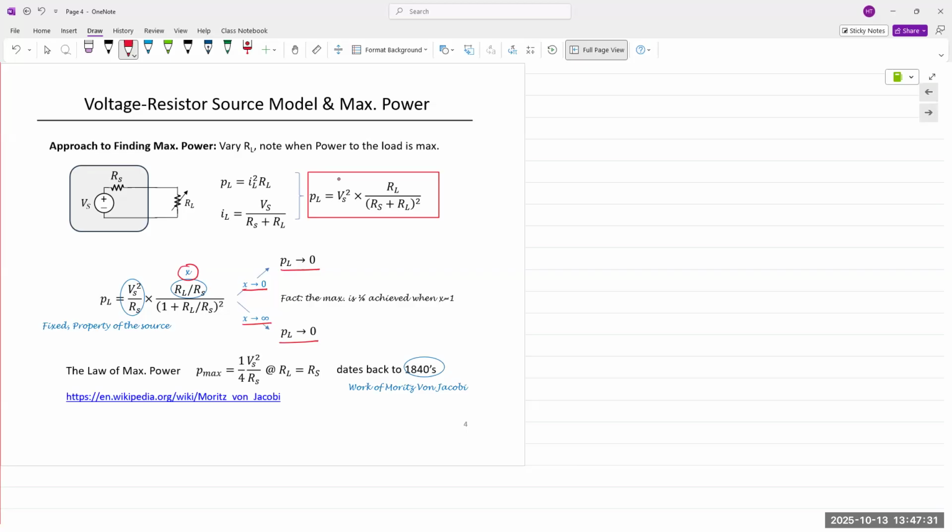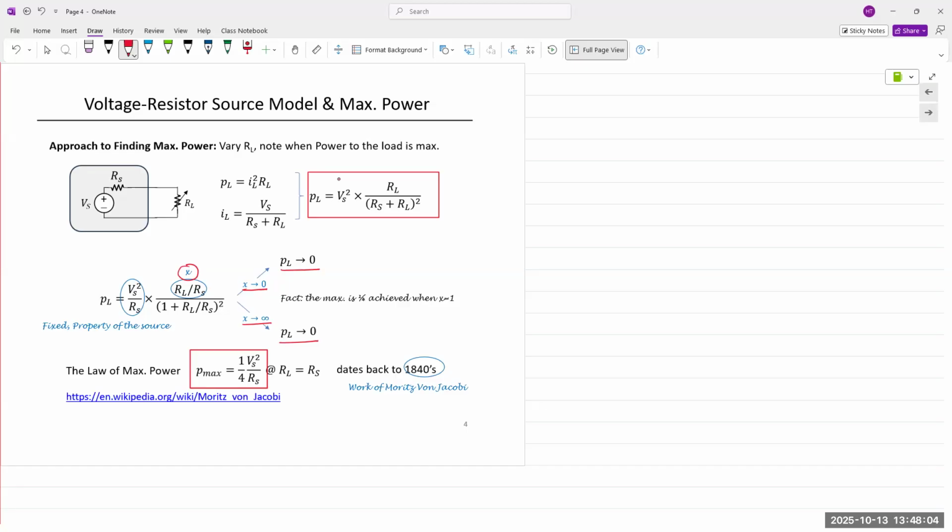And the person who did some of the original work for maximum power transfer is Moritz von Jacobi. The result is that maximum power is transferred when the value of RL is exactly equal to the value of the source resistance. And then the max power that's transferred is 1/4 of Vs square over RS.